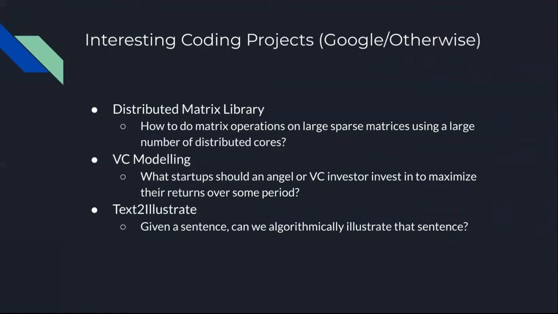Additionally, I did a modeling project based on the question of which startup investments are good for short to long term returns, and how you can maximize that based on some portfolio. And one interesting one was trying to do algorithmic illustration of text, generating imagery from some input text.